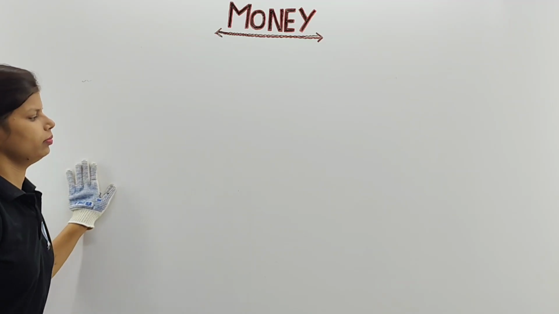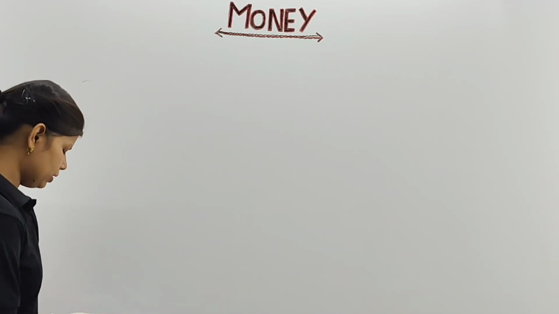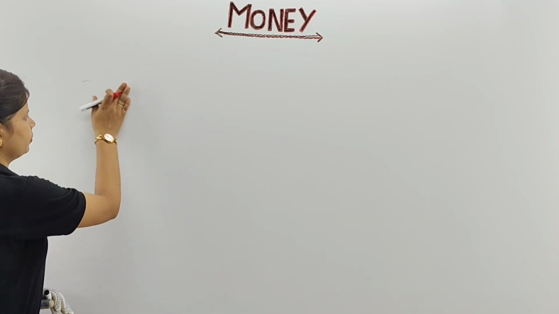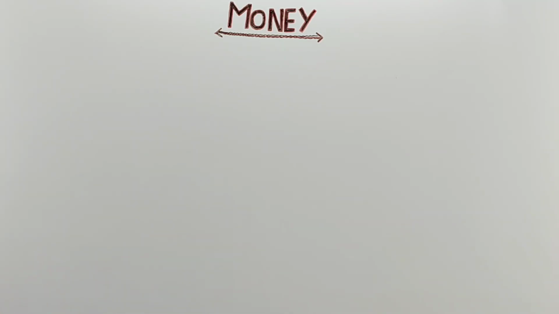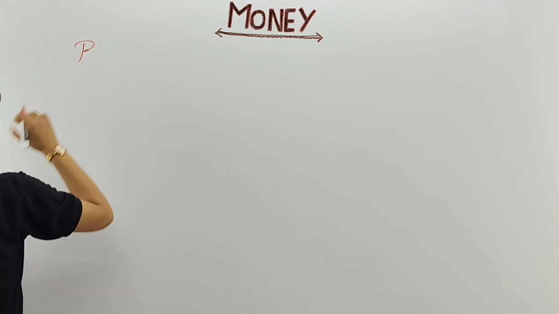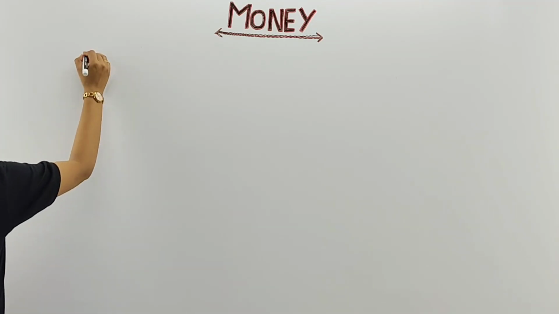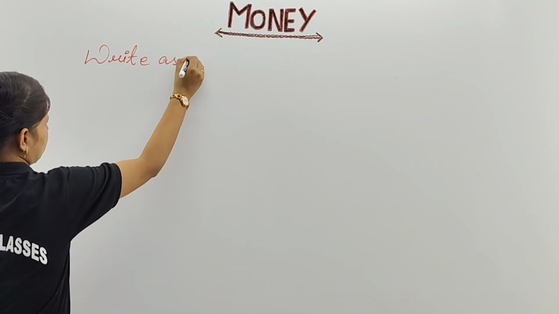That's why I just go with the first way. Understood? Now next of yours is given. We have to use operation. Like the first point of yours is given: write as paise. Few questions form. Write as paise.